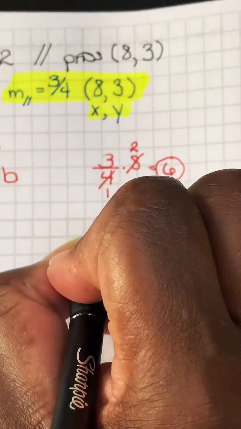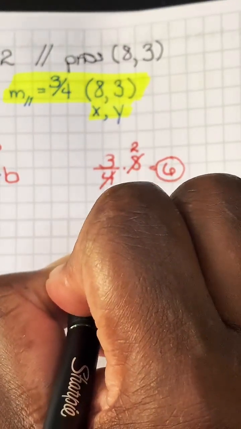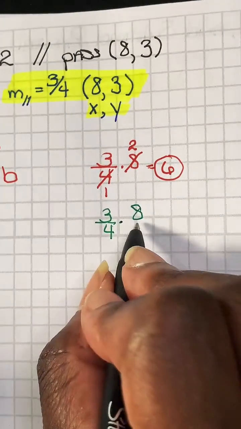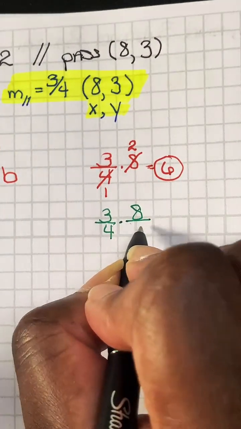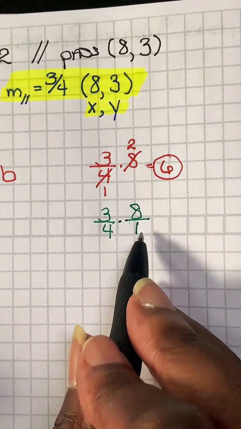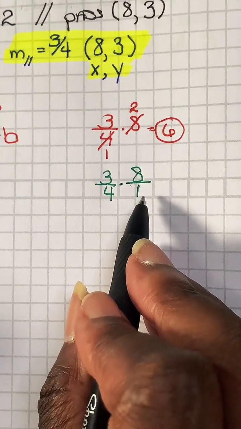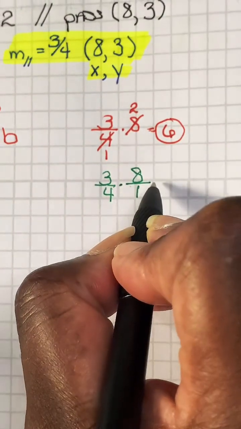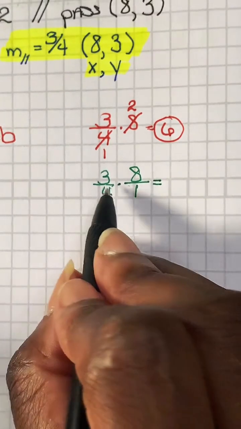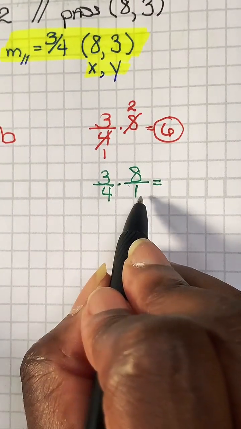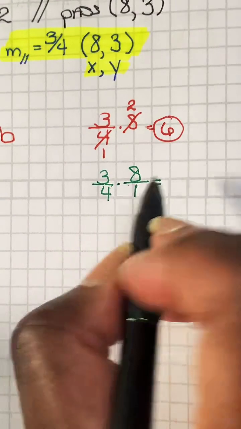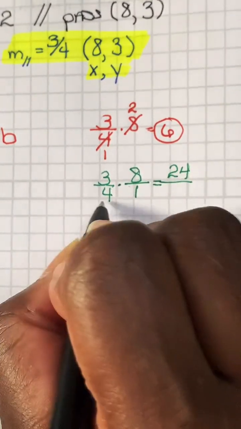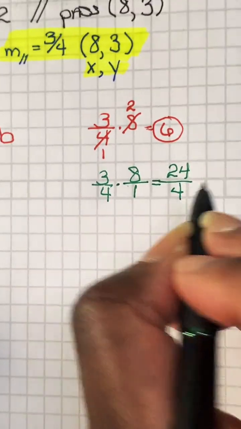Another way, you have your 3/4. You can make that whole number 8 into a fraction by putting it over 1. You're not devaluing the 8. You're not making any arrangements. If you feel comfortable, you can multiply straight across horizontally. So 3 times 8 gives you 24, 4 times 1 gives you 4.